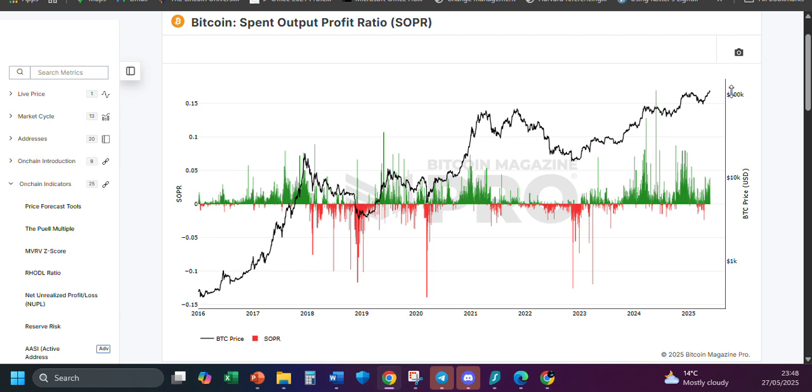The SOPR indicator is a bit more complicated and is calculated by looking at the ratio between the US dollar value when an unspent transaction output is created against the US dollar value when the unspent transaction output is spent. This refers basically to the balance in the Bitcoin address. It's an on-chain analysis that can observe whether outgoing transactions are in profit or loss.